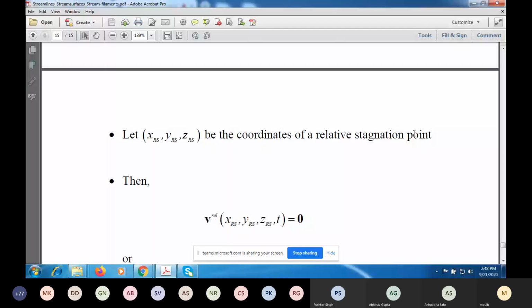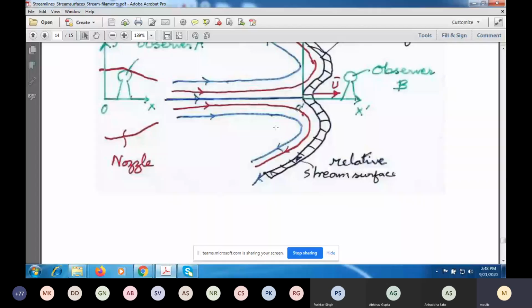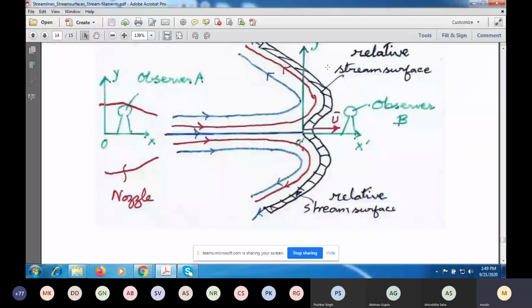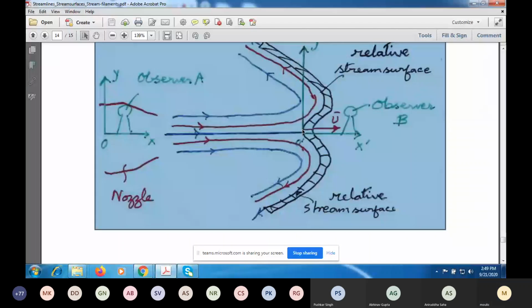Now look at the central streamline. As the particle is moving, does the velocity remain the same? It will not. It will undergo a deceleration because it will sense the presence of this obstacle over here. Since the fluid surface is impermeable, the fluid cannot go through. So if you look at the relative velocity at the point O prime, that is 0.